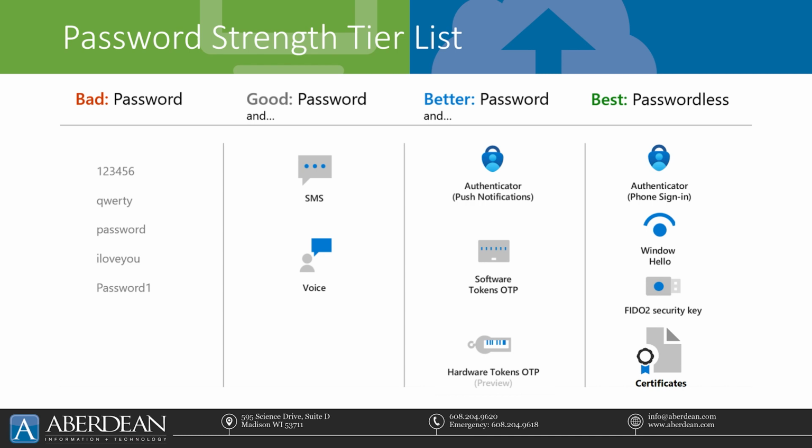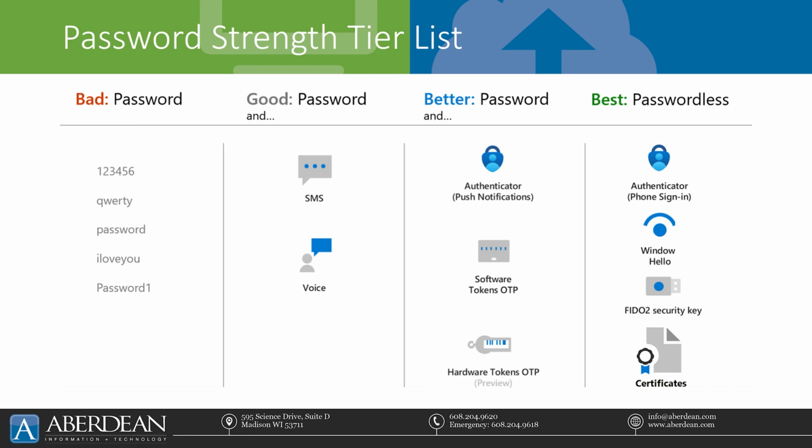So here's a breakdown of the chart of password strength levels. Obviously, bad is just having a basic password that's easily guessable, whether it's QWERTY or password 123456. All of those are considered bad. From there, good but not great is having some sort of MFA, whether it's a phone call or a text.